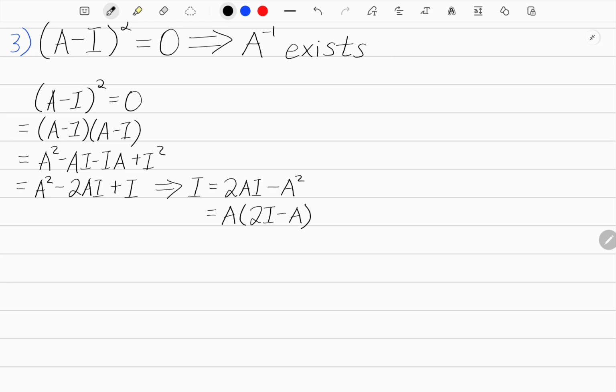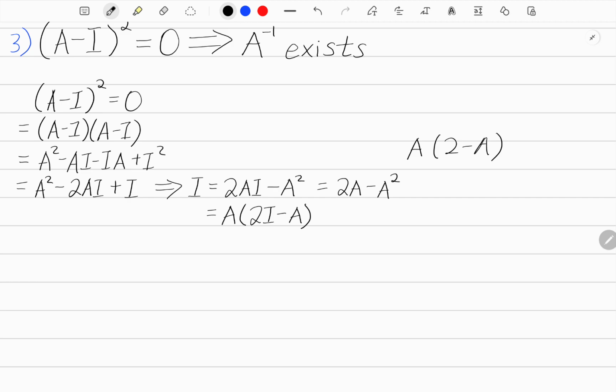I could also write it as 2A minus A squared, but when you try to factor out the A, you're tempted to write A times (2 minus A) and treat it like variables.